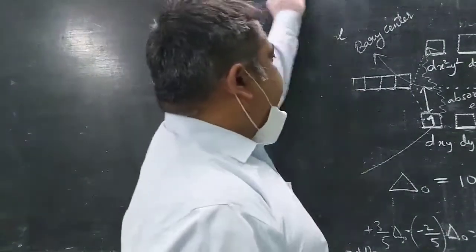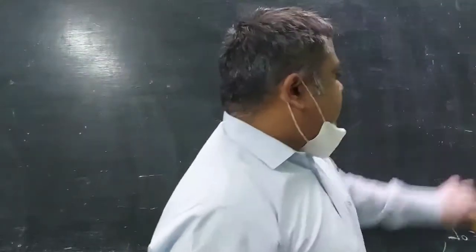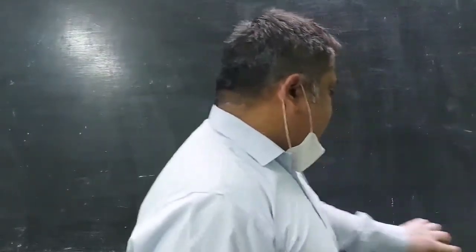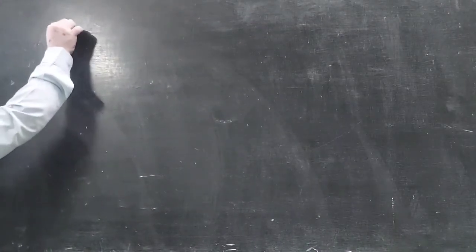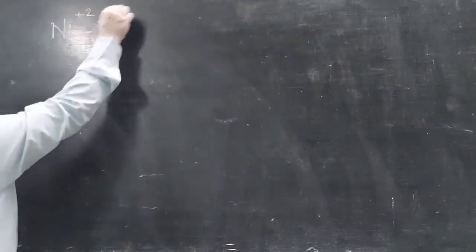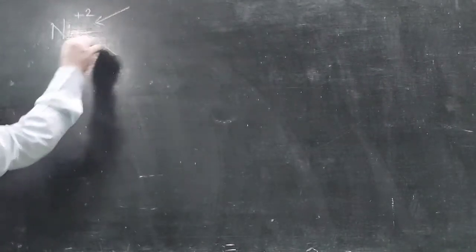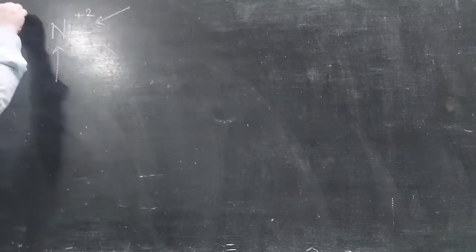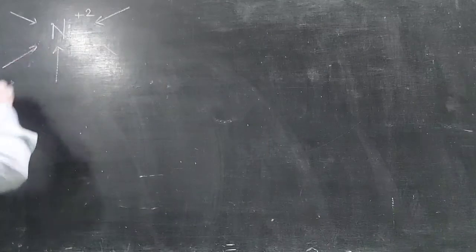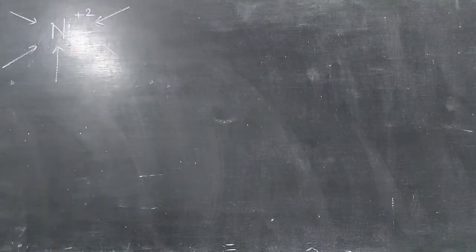Let us take one specific example of the hexaaqua nickel 2 plus ion. Nickel 2 plus, octahedrally water molecules come. Okay, this part is not visible.